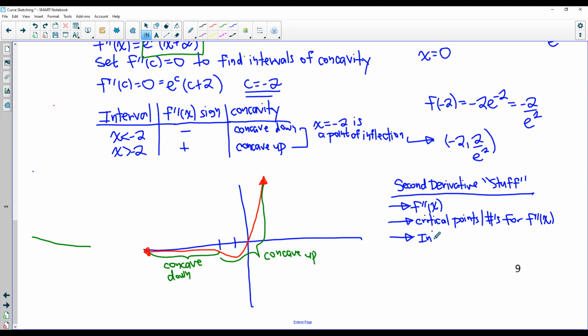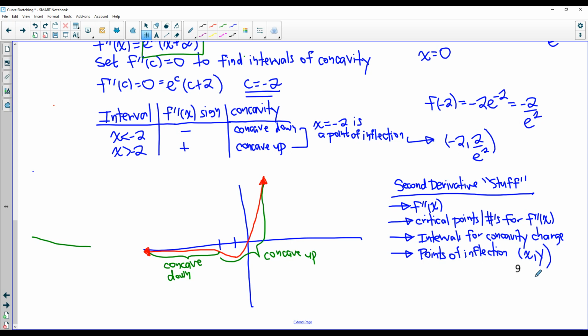So we'll say intervals for concavity chart. And four, identify points of inflection, and give me both an x and a y coordinate.